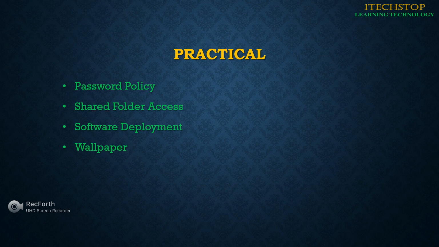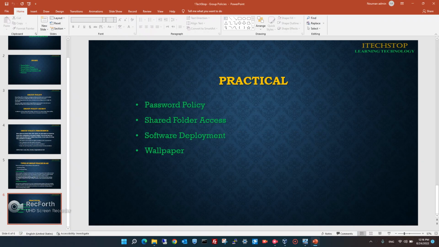So in the practicals today we will see how to manage the password policy, how we can create shared folder access for the user, how we can deploy software from group policy management, and also how we can change the wallpaper of the users.